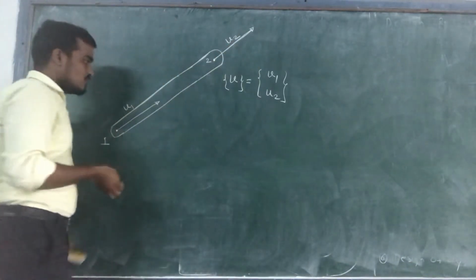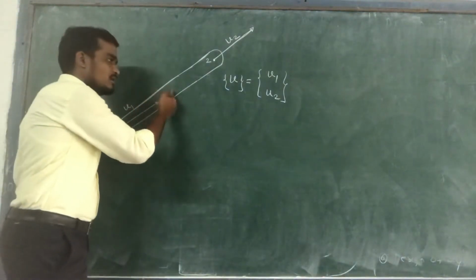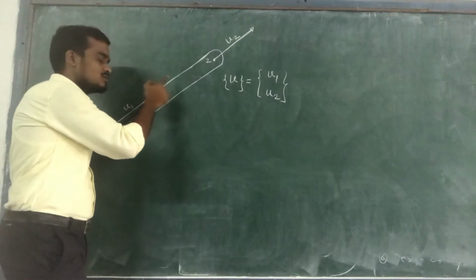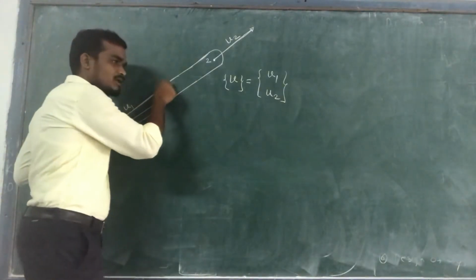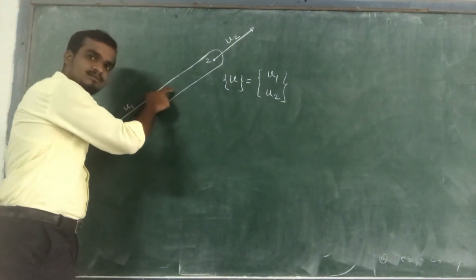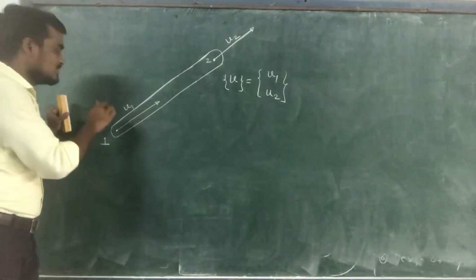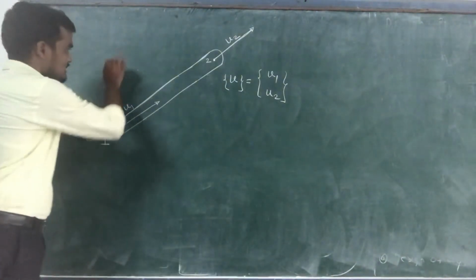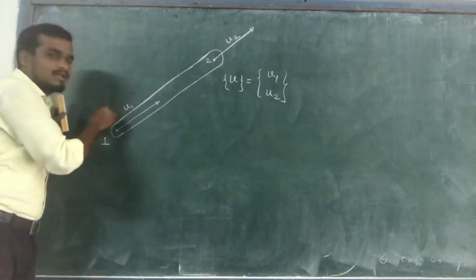And we know that only axial forces are acting on the element, so there should not be any bending of this truss element. Only axial forces will be acting on this element, because in this truss structure these joints are pin-connected joints.